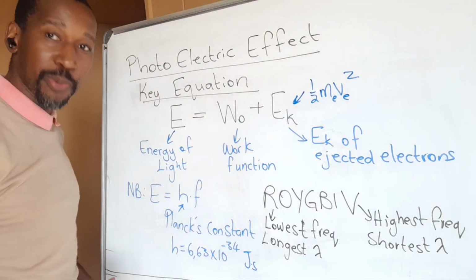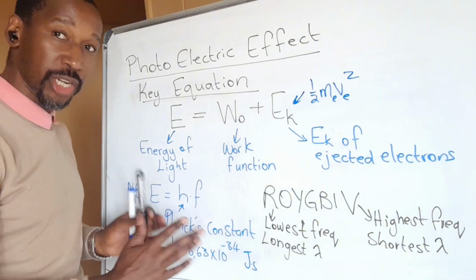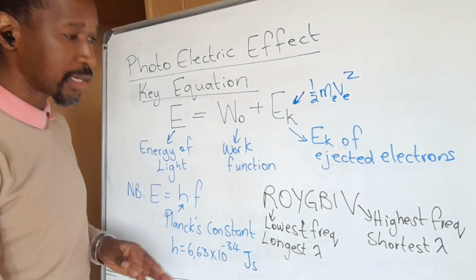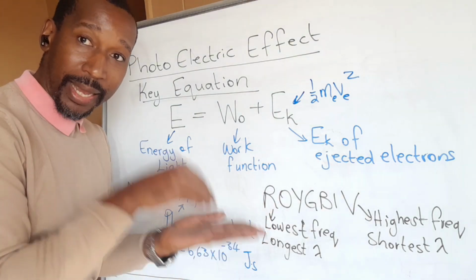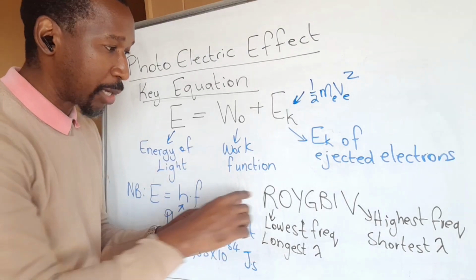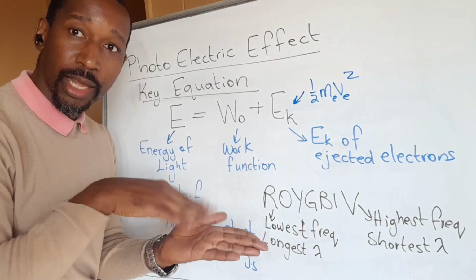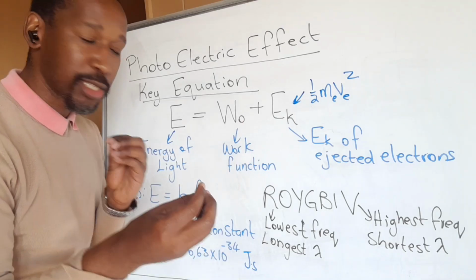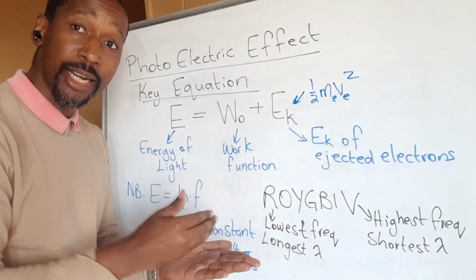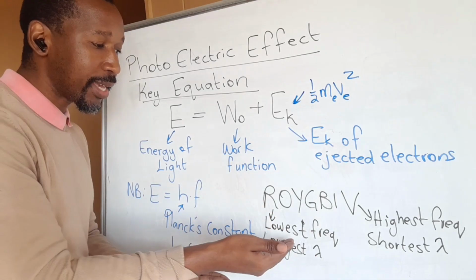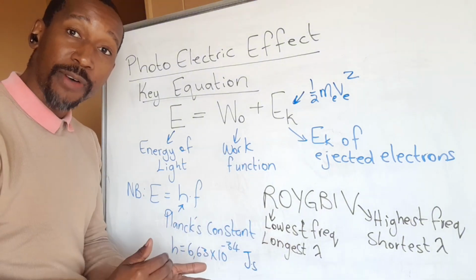So this is important because there are some questions that can try to trick you here. For example, they'll tell you to explain why, when red light was shown on a metal, there was no current, but when blue light was shown on the metal, there was current. Then you can quickly explain that red has a low frequency, so the frequency must have been less than the threshold frequency, or its energy must have been less than the work function.